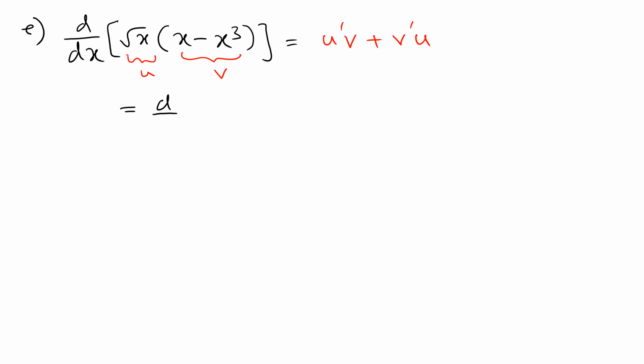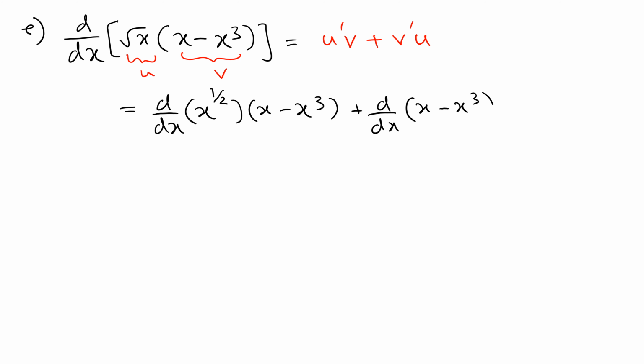So it is the derivative of the first one. We write square root as x to the 1/2 because it's very useful when you write it like that. And then multiply by the second one, plus take the derivative of the second one, which is 1 minus 3x squared, multiplied by the first one.